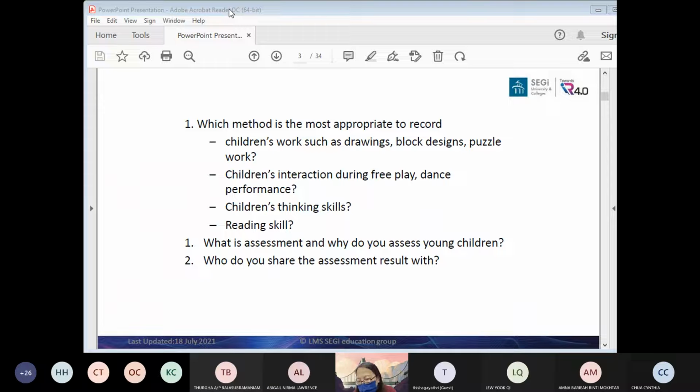So what will you do? Well, I mentioned just now, after your rationale, you have your aim. So your aim is to do what? To help the child develop better, to help the child develop whichever area is lacking. And also, with the assessment, who is interested in the result? Parents.